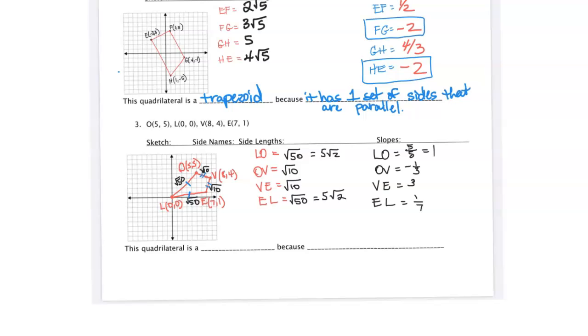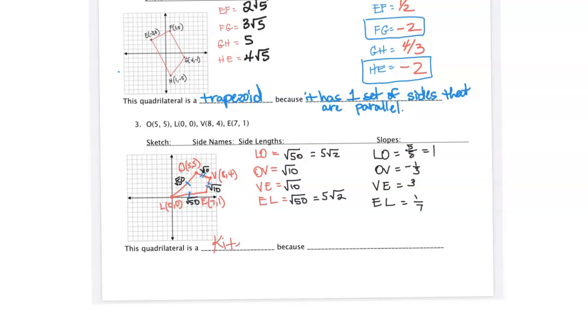And lastly, after you've calculated the slopes, you should have gotten that LO has a slope of 1, OV has a slope of negative 1/3, VE has a slope of 3, and EL has a slope of 1/7. If you go back to those side lengths, and notice that you have two congruent or two equal sides that are right next to each other, the only quadrilateral that this would fit is a kite.